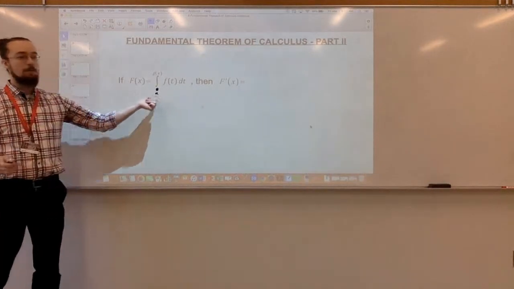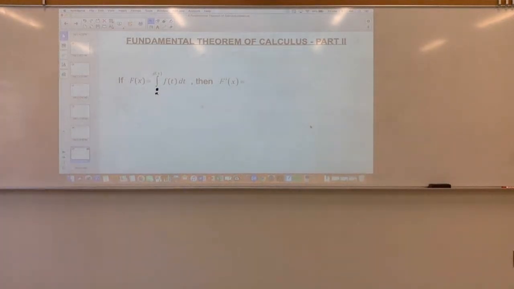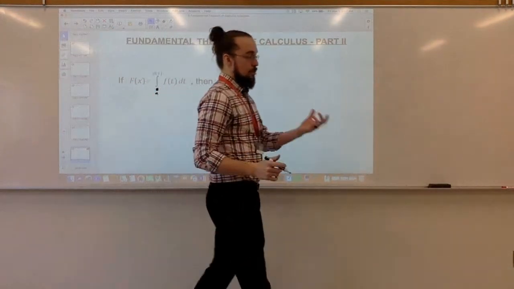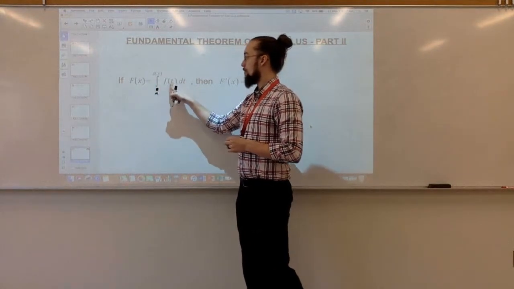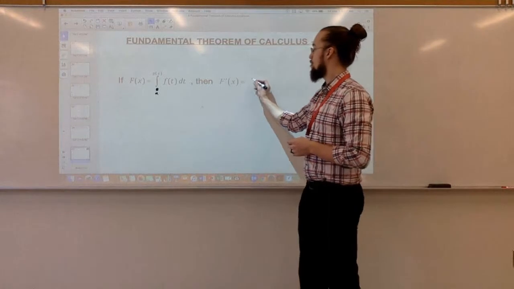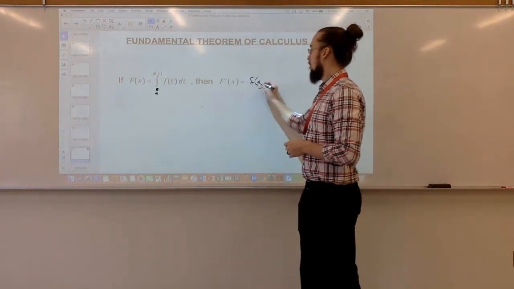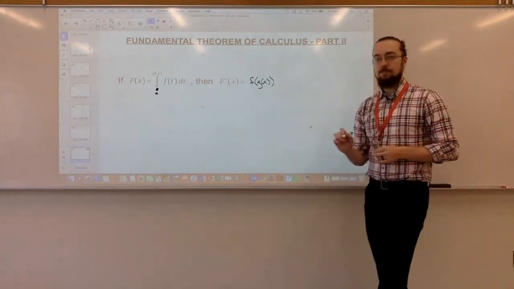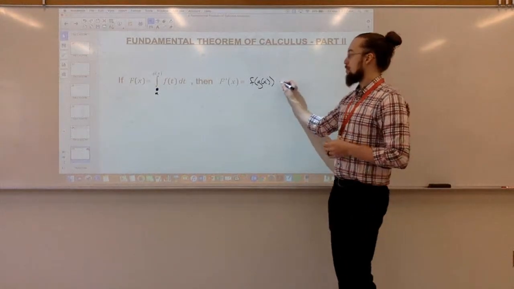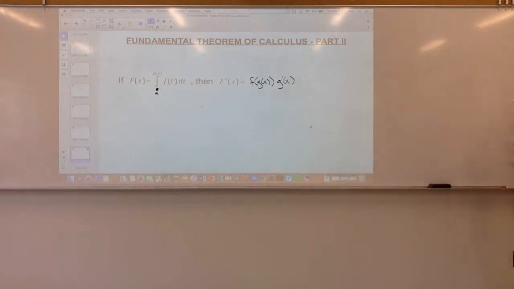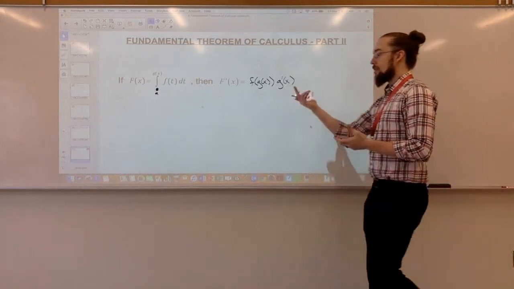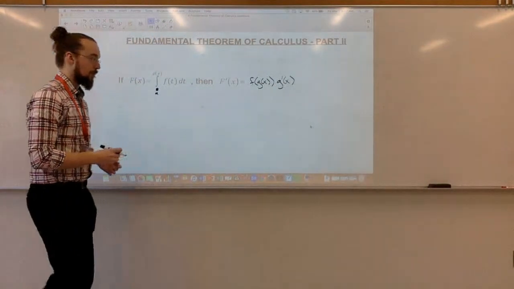This can be any number, not just 0. So if I'm taking the derivative of an integral, I'm going to plug this function in here. So this is going to be f of g of x, then times the derivative inside. That's what we just kind of saw in case 3 there.